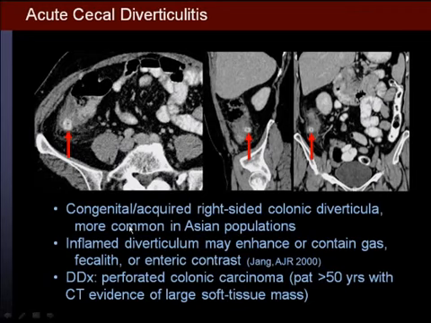The inflamed diverticulum may enhance or contain gas, or a fecalith, or enteric contrast, as in this case. And of course, the differential diagnosis in this patient, in particular when they are over 50 years old, is a perforated colonic carcinoma, in particular if there is evidence of a large soft tissue mass. But in this case, the diagnosis is evident from this small diverticulum and adjacent inflammatory reaction.